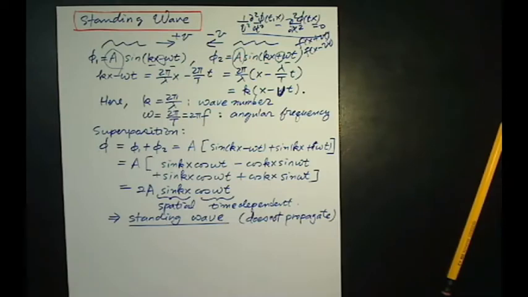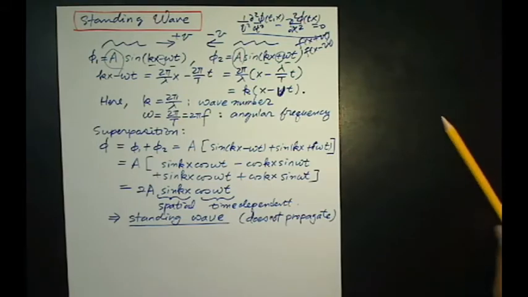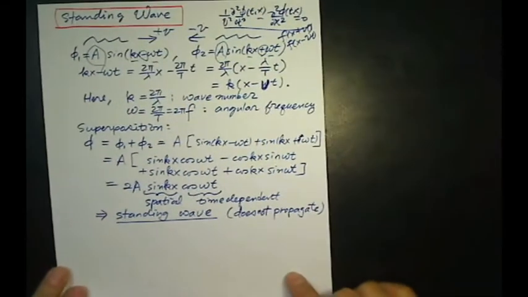So it is possible to add up 2 different waves where everything is the same except that the direction of propagation is opposite. The resultant wave of those is called the standing wave.